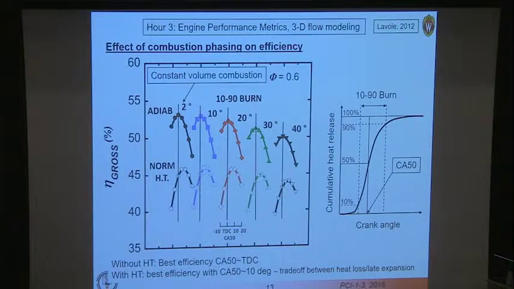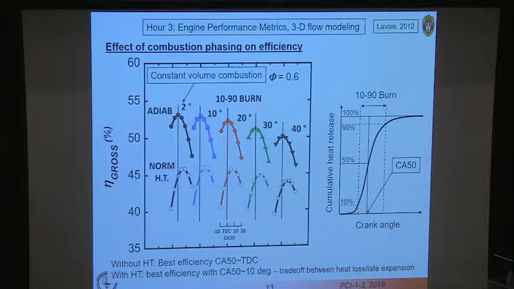So here are some of their results, and these are very interesting. What they show is the gross efficiency of this particular 12-to-1 compression ratio engine. And let's focus first on the top set of plots here. Each one of them shows the efficiency as a function of crank angle around top dead center.